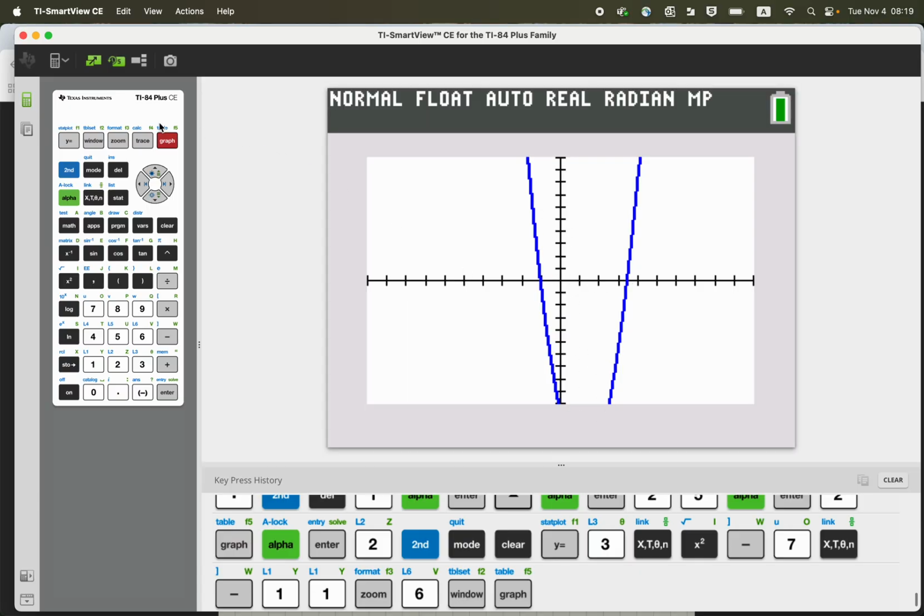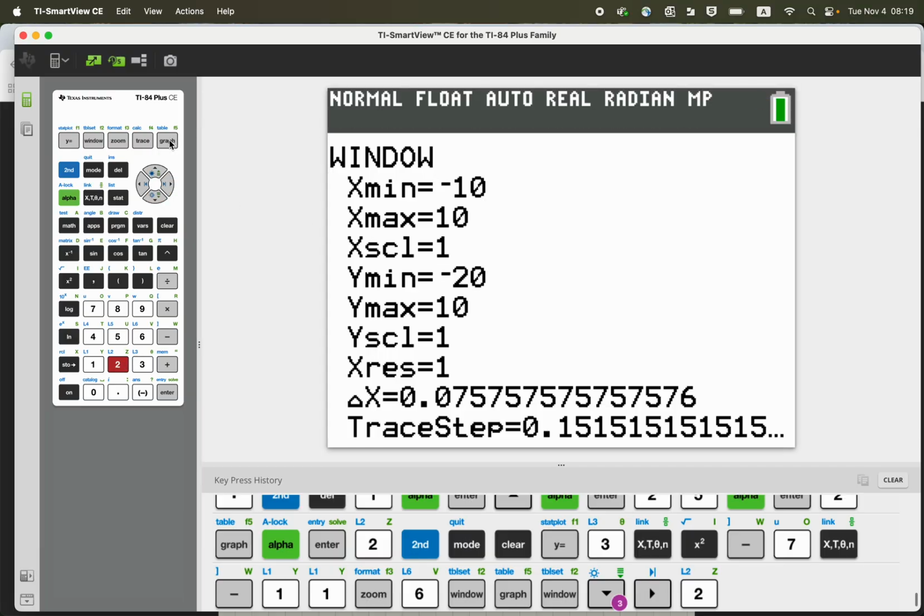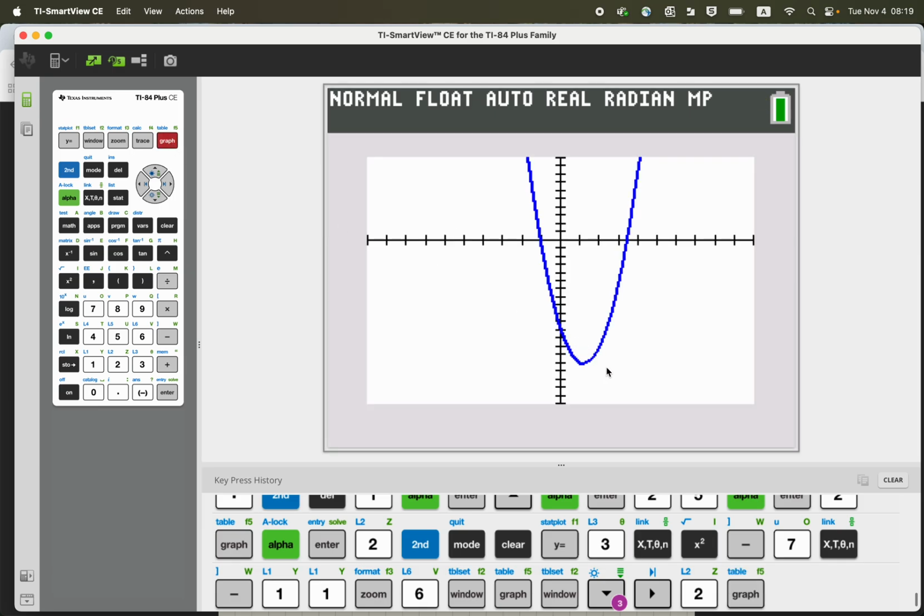So I'm just going to manually adjust the window and make the y value smaller. Right now the y minimum is -10. I'm going to double that, make it -20, and push graph. Now I can actually see everything I want: the vertex and the zeros. So that's it for part 1.